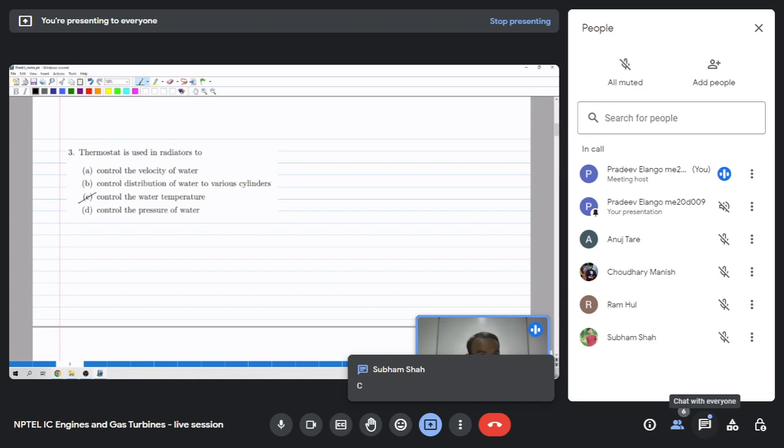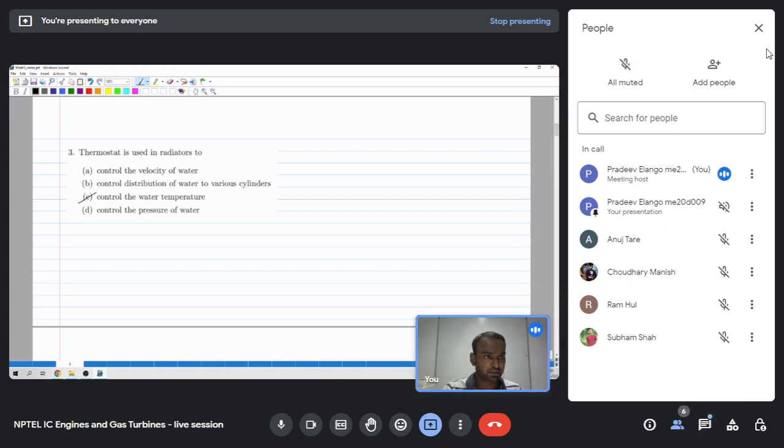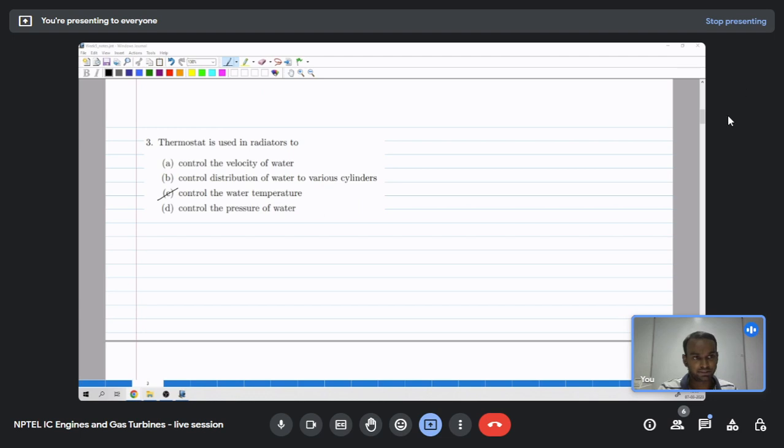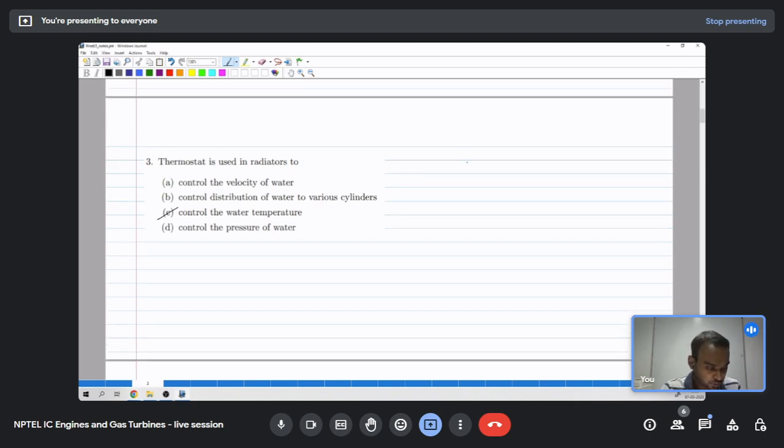I hope you know how the thermostat works. There will be a bimetallic strip which will deflect based on the temperature, made of different materials. Say this is aluminum and this is brass; I think generally it will be copper and brass.